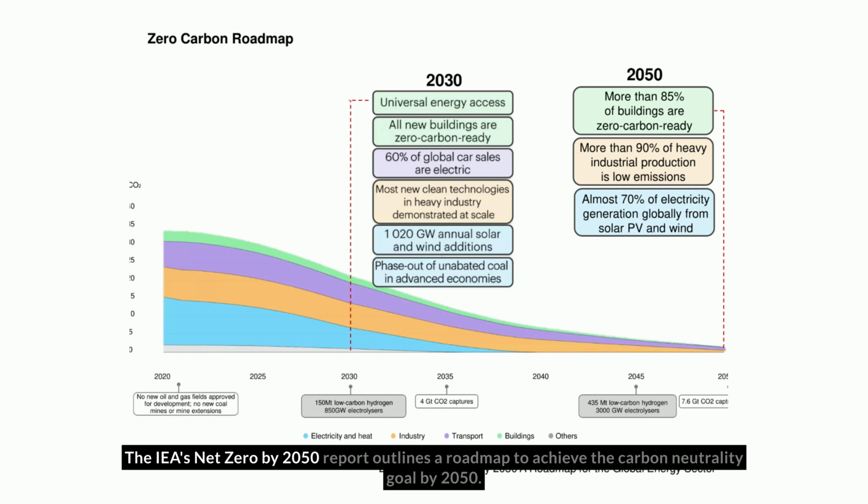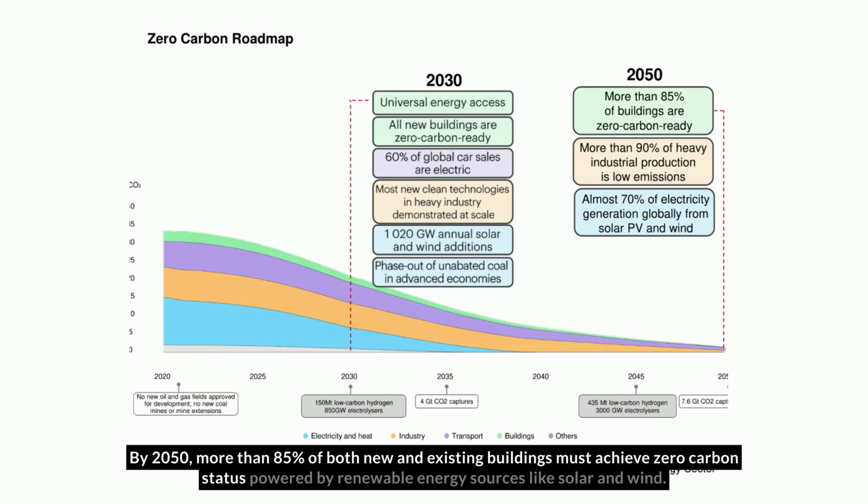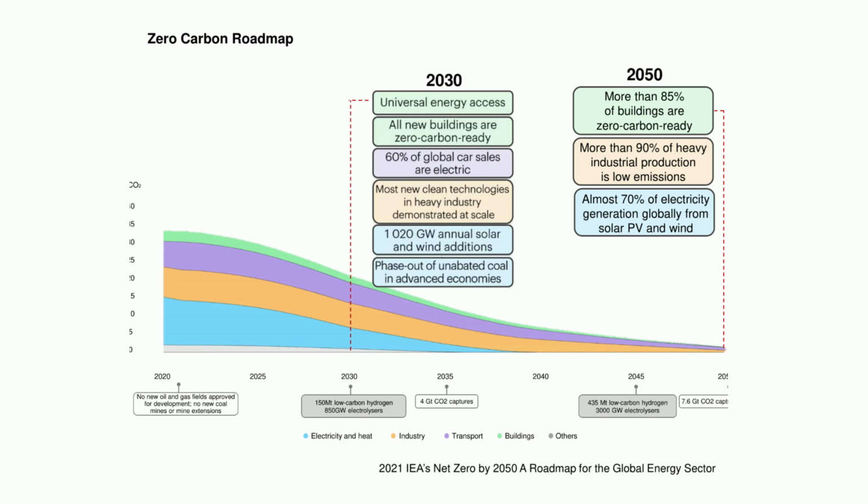For example, by 2030, all new buildings must be zero carbon ready, and 60% of global car sales must be electric vehicles. By 2050, more than 85% of both new and existing buildings must achieve zero carbon status, powered by renewable energy sources like solar and wind.